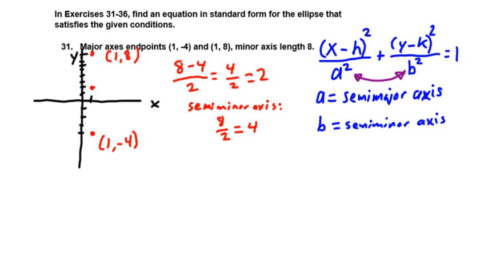So we're going to go 4 to the right and 4 to the left. So 1, 2, 3, 4. We have this point here. And then our other endpoint of the minor axis is going to be 4 to the left, 1, 2, 3, 4, so right here.